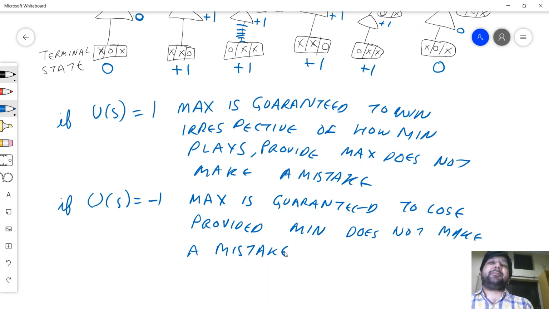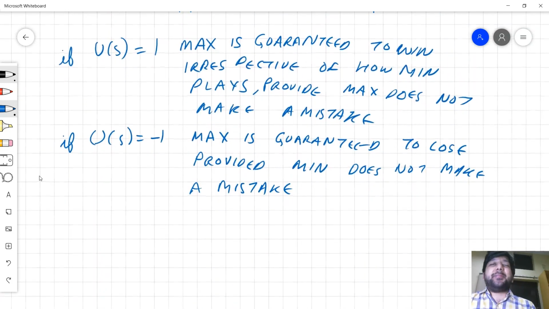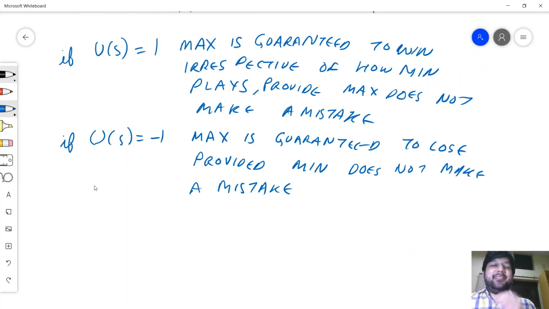Practically, that's what will happen. You're playing a game of chess, you know you lost, you'll still play it. You'll still play it because you think, I know my opponent, a bad chess player, will definitely make a mistake. You just wait for the mistake to happen. You play the best that you can, but you wait for the mistake to happen. So don't leave the game. If Min makes a mistake, Max will win, or at least enforce a tie.